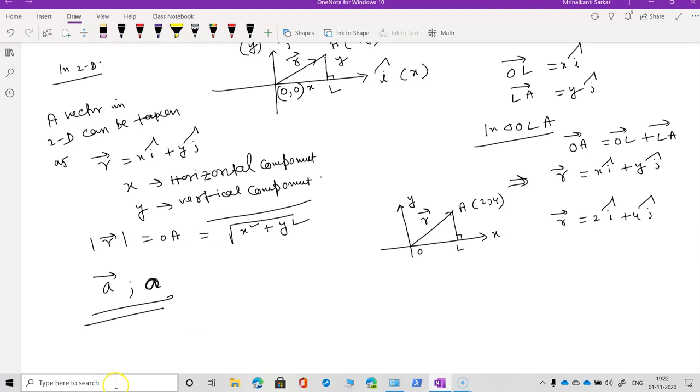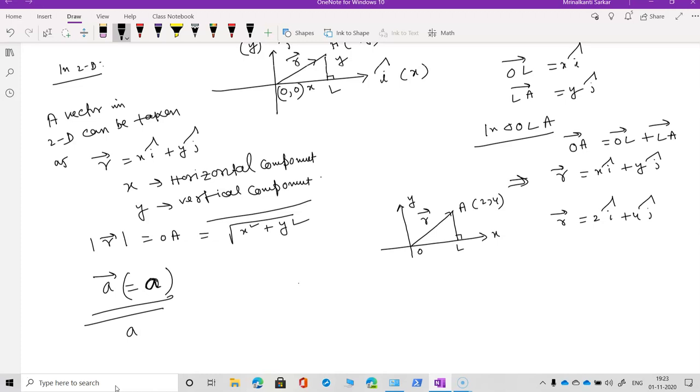A without an arrow, if we write, then this is going to be the magnitude, but if it is represented by a bold letter, then that will be the vector. So here A with a vector and A written in this manner will be the same thing. There is no difference between these two. But if it is not thick, just the letter, then it will be the magnitude of the vector.